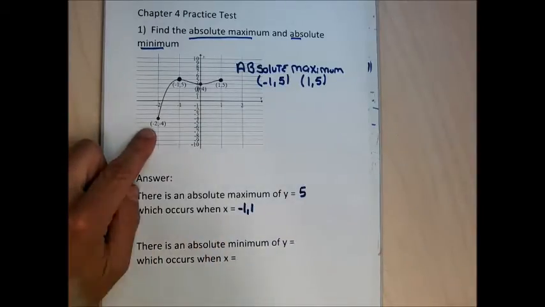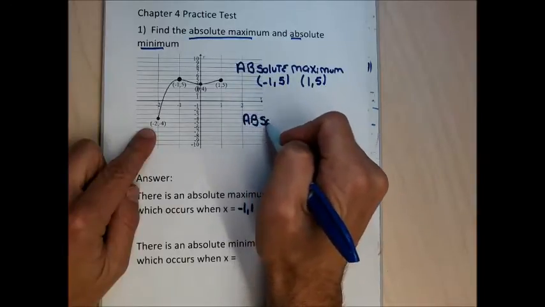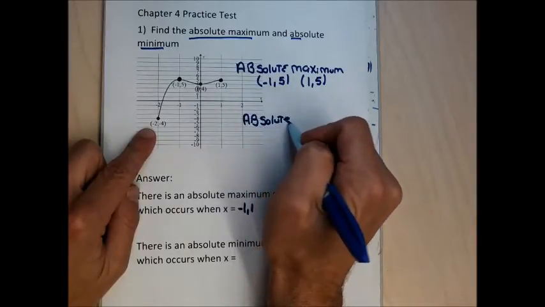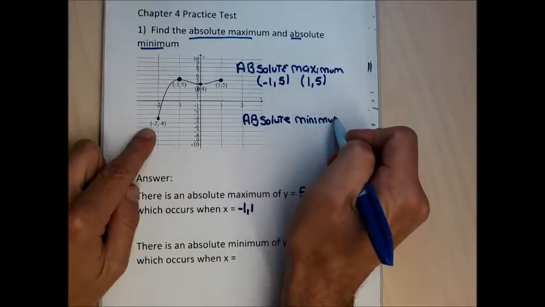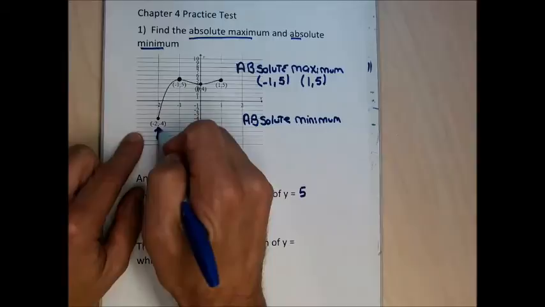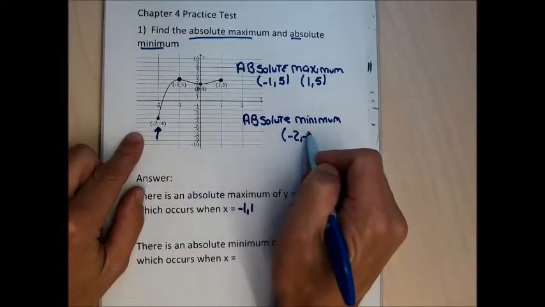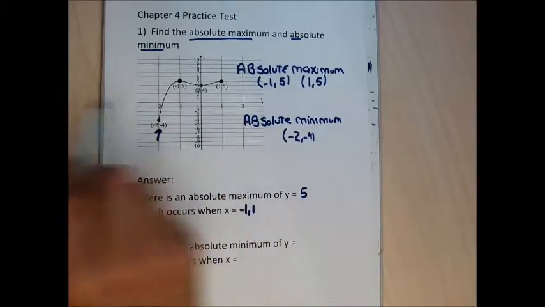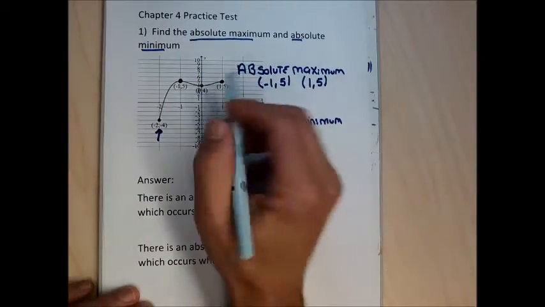The next thing I'm asked to find is the absolute minimum. And the absolute minimum is the point that's absolutely lowest on the graph, that there isn't a lower point. And that's going to be the absolute minimum down here, because there isn't any point beneath that point. This point 0,4 that I marked off is kind of a distractor.